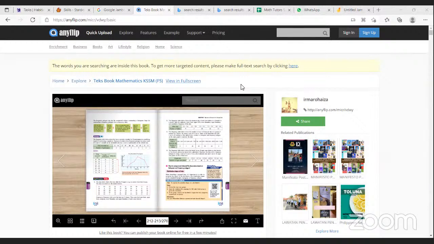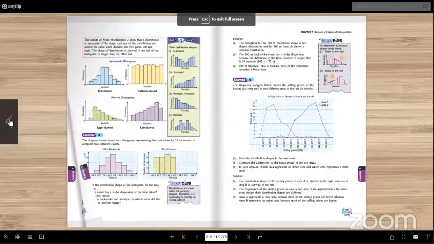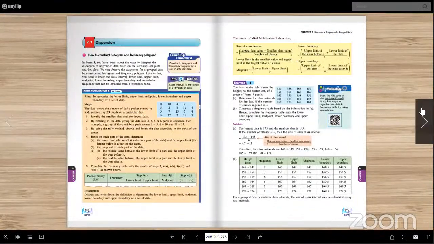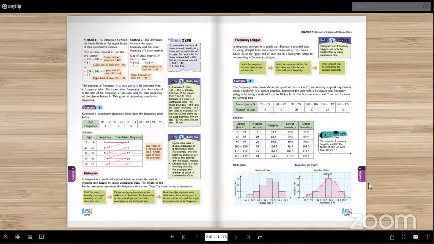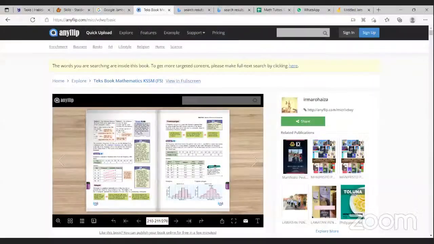Going through the OGIVE and frequency polygon. Okay, no, not OGIVE, histogram. A histogram is basically like a bar chart. It's almost the same thing as what you've learned before. Let me take this and put it into my Jamboard real quick.